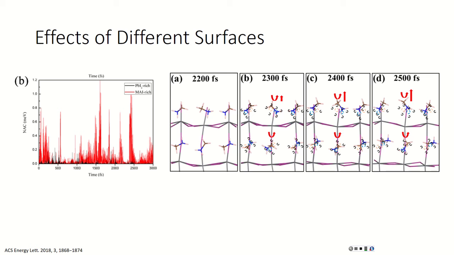cations rotating within the cage and increasing, making it bigger, the lattice that's inside it. So these circles depict where they were at the beginning, at 2200, whenever they're seemingly low. There was no non-adiabatic coupling.